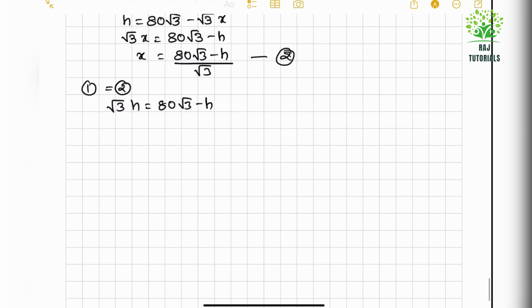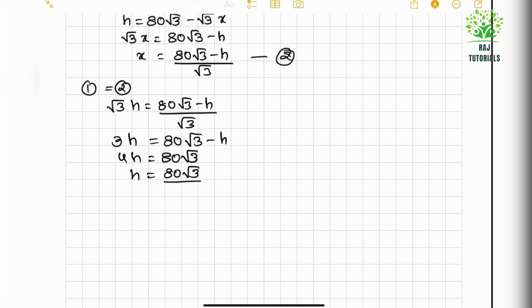Now if I give this as first equation, this as second equation, so both are in the X form. So I can say 1 equal to 2. So root 3H equal to (80 root 3 minus H) upon root 3. So taking root 3 on that side, I will get 3H equal to 80 root 3 minus H. So 4H will be 80 root 3.